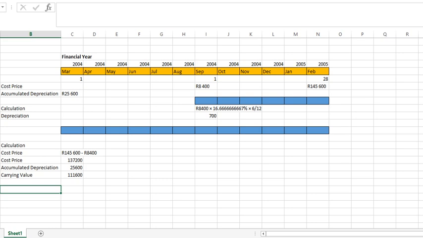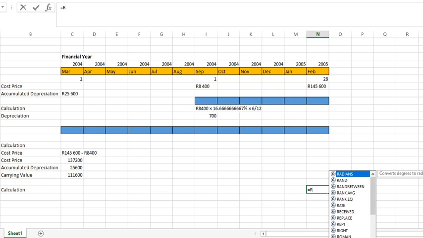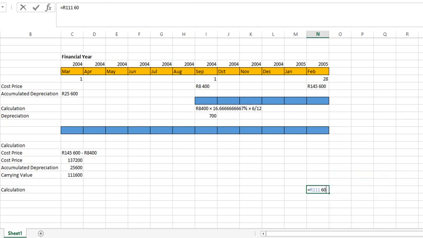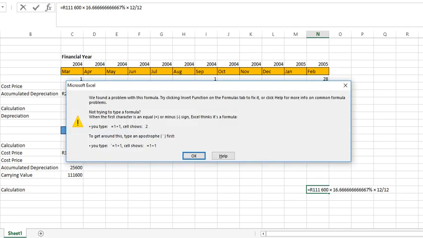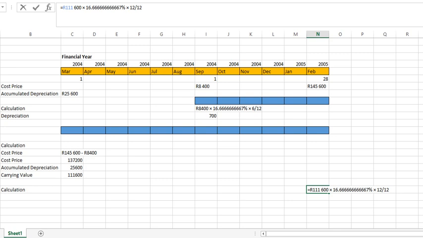So our calculation at the end of the year will be our carrying value of 111,600 Rand multiplied by 16.66666667% multiplied by 12 out of 12 months.